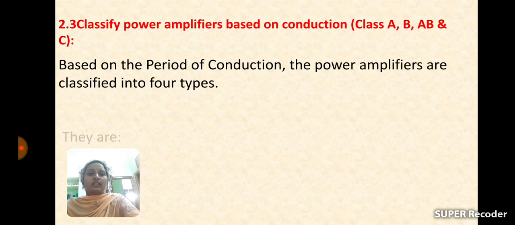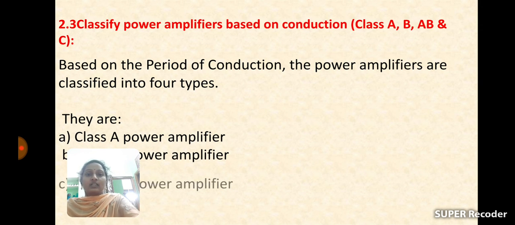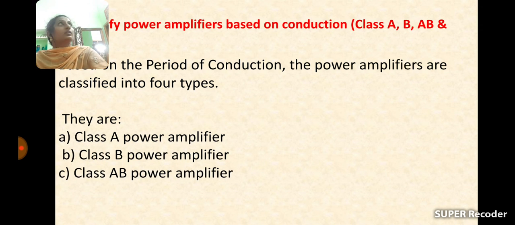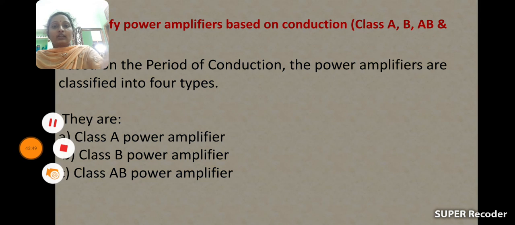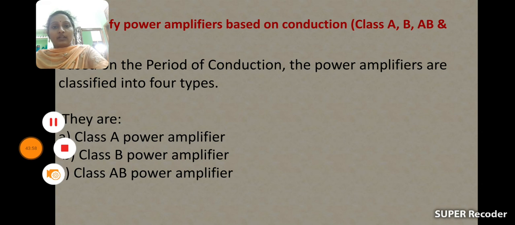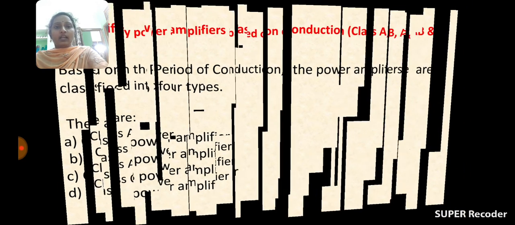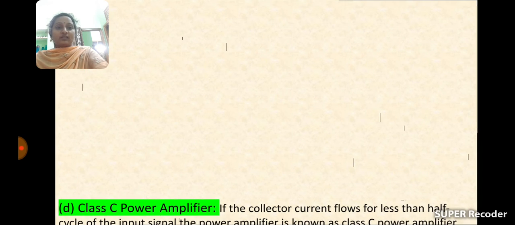While coming to the classification, power amplifiers, like our general amplifiers, are classified into class A power amplifier, class B power amplifier, and class AB power amplifier. What are the 3 main types? Class A, class B, class AB, and class C power amplifier is also there.